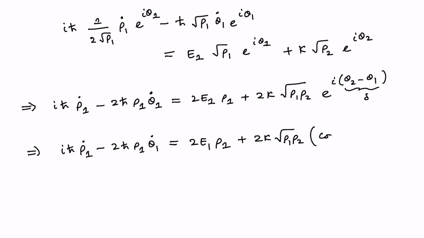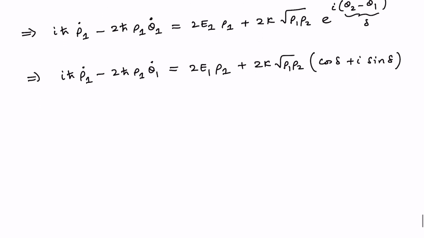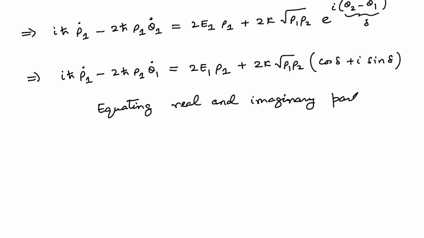I can write it as cos delta plus i sin delta. Okay, what I am going to do next, I am going to equate the real and the imaginary parts on both sides of the equations.